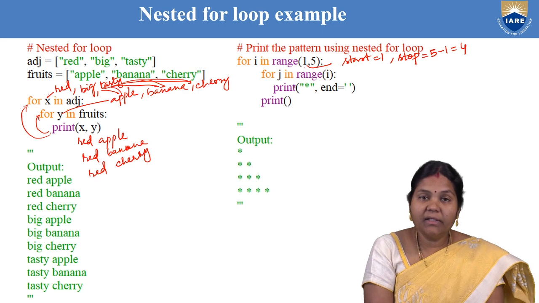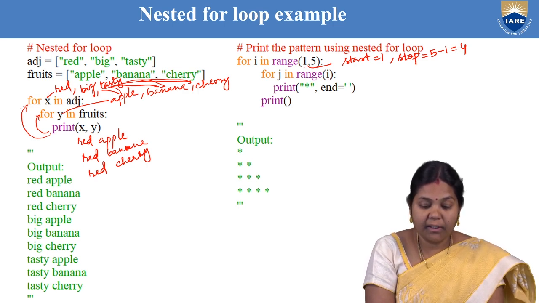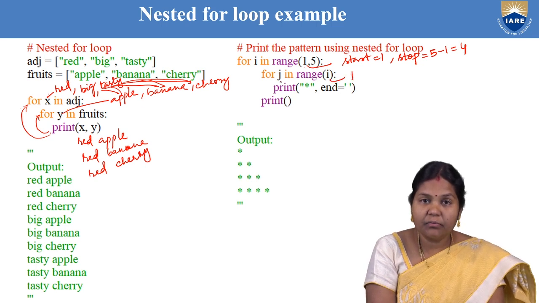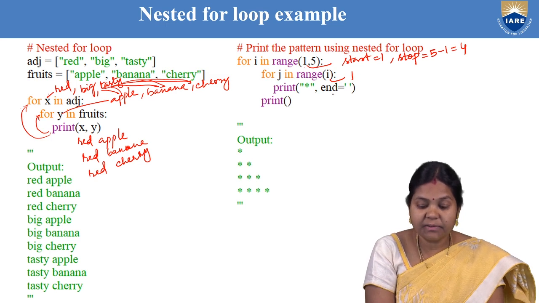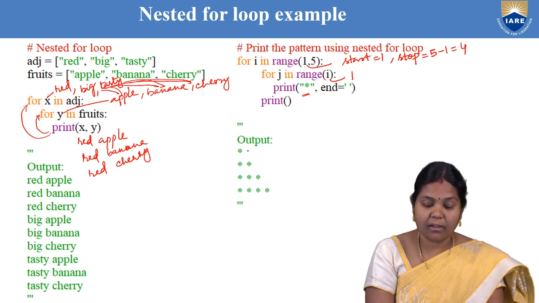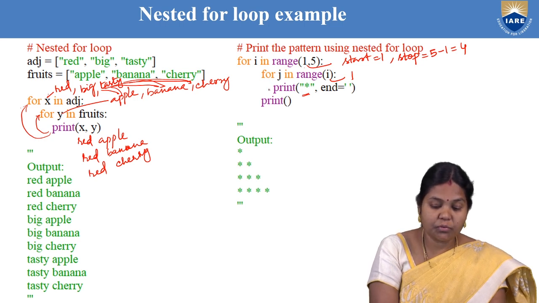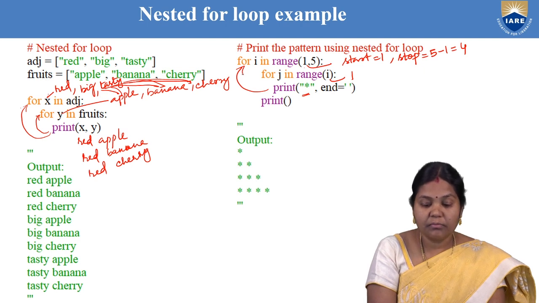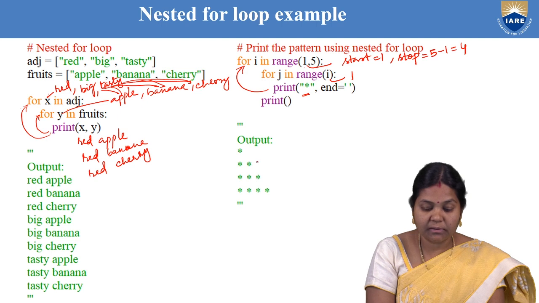So for every j value in the range of i, the first time i value is equal to 1 and j value is equal to 1. So it will display the star. Print is what you want to display, so it will display 1 star. Then after that it goes to the outer for loop again. Now i becomes 2 and this inner loop will run 2 times and it will display 2 stars.